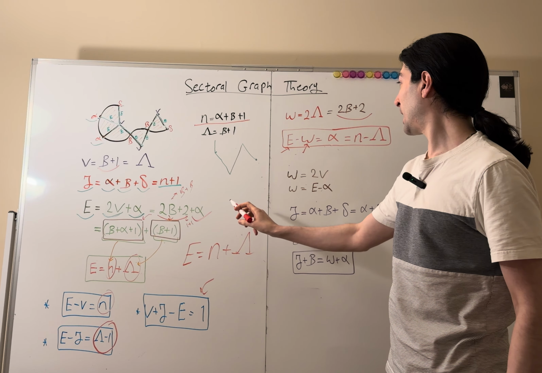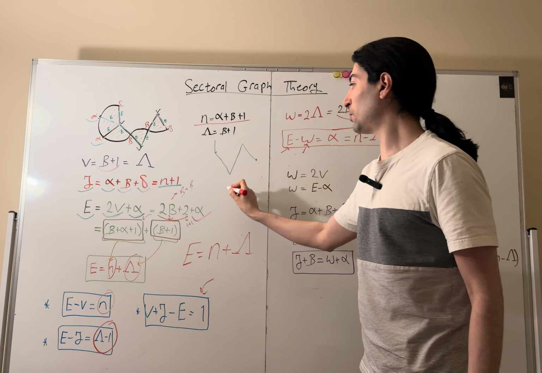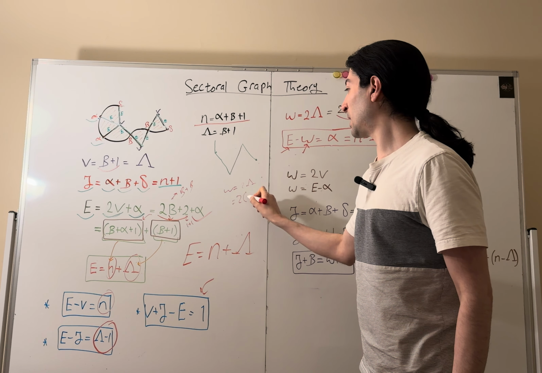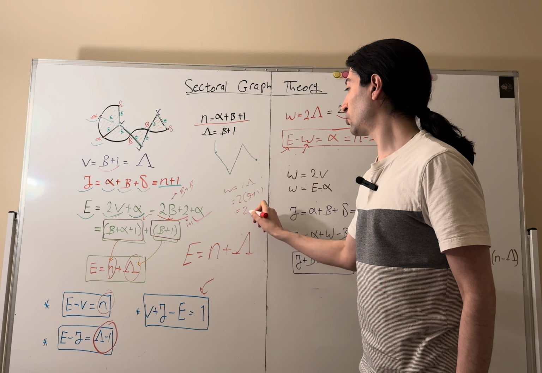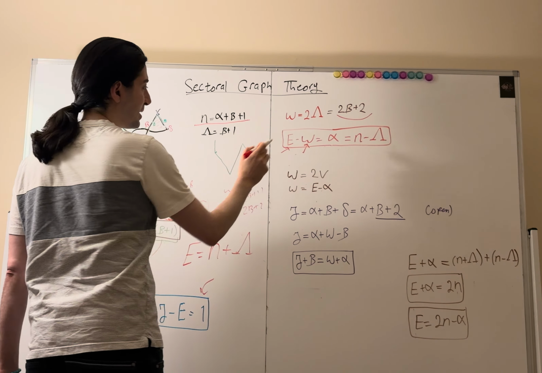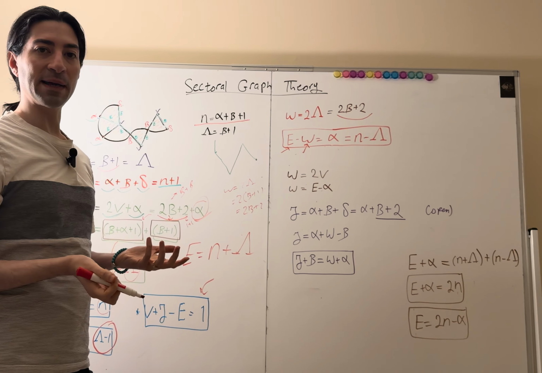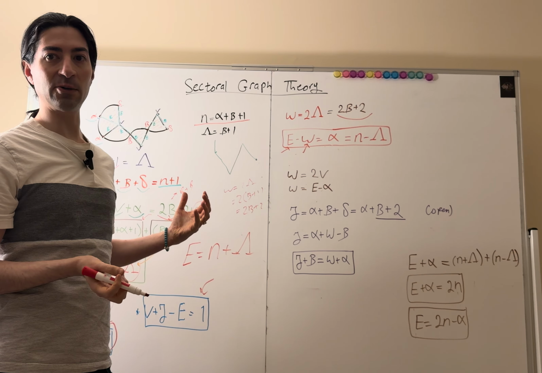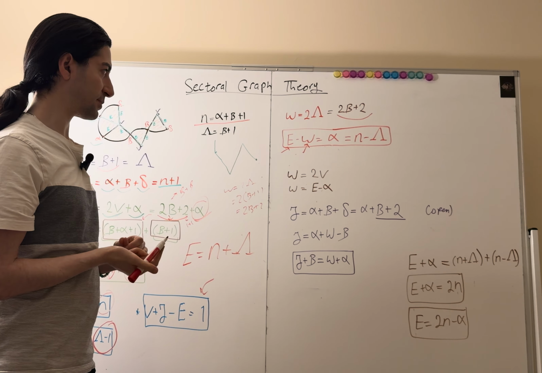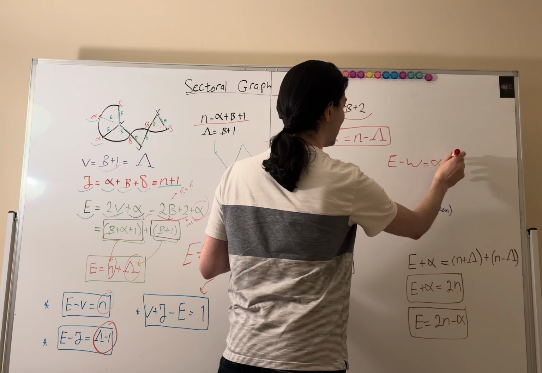If we want to subtract the W from it, the W will be equal to 2 lambda, which is equal to 2 times beta plus 1, which equals 2 beta plus 2. So we are left with alpha. So E minus W is equal to alpha. And by common sense, we can also think about it that the walk spares all the alpha joints. So this is one of the important rules, E minus W equals alpha.